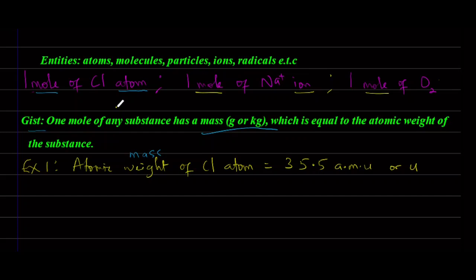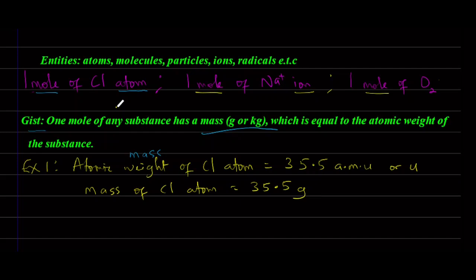We have already said that 1 mole of any substance has a mass, and the mass is equal to the atomic weight. That means if this is the atomic weight of chlorine atom, then we can say that the mass of chlorine atom is also 35.5, but it is now expressed in gram.